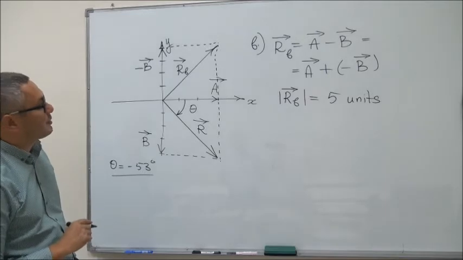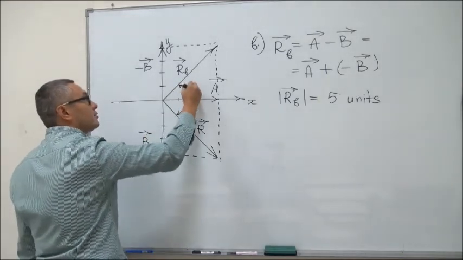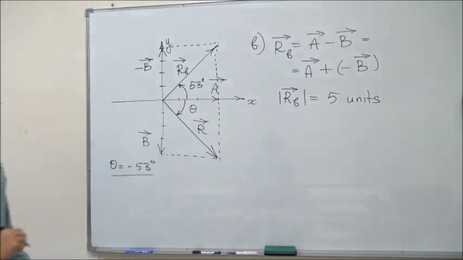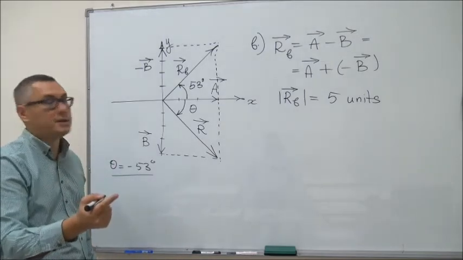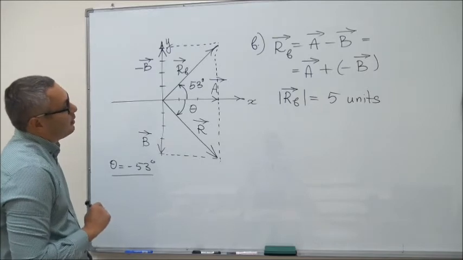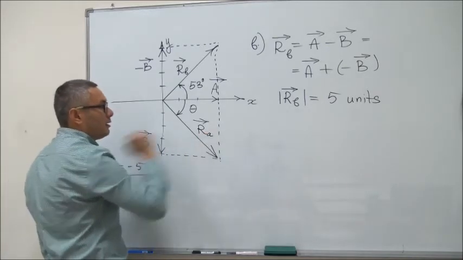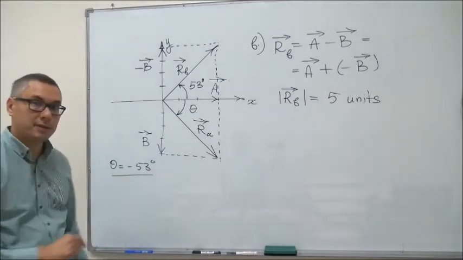So it has the same units, and clearly it has the same angle as well. So this angle here is also 53 degrees. So you can say that our vector is pointing 53 degrees above x-axis, or just 53 degrees. Whereas here, this R vector, which is for part A, was pointing 53 degrees below x-axis, or negative 53 degrees.